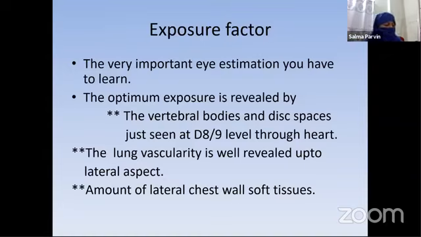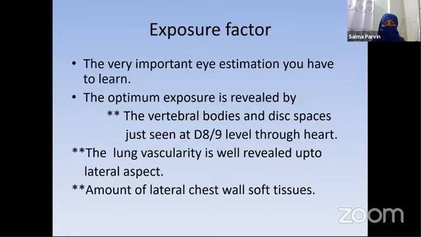And finally we have the exposure factor. We have to know how important the exposure factor is before it is decided. Now, what are the optimum X-ray exposure factors we have to know? Because everybody has his or her own weight, own category of body density, and the factors are going to be read in the X-ray film.